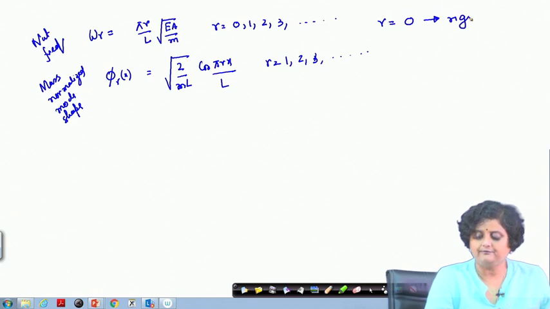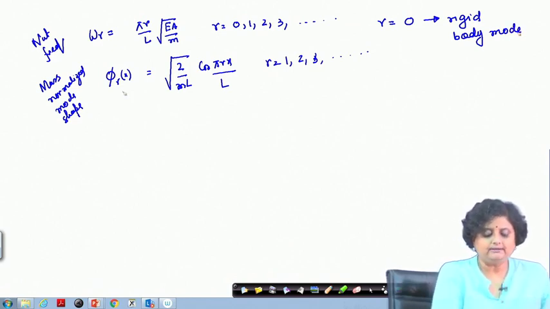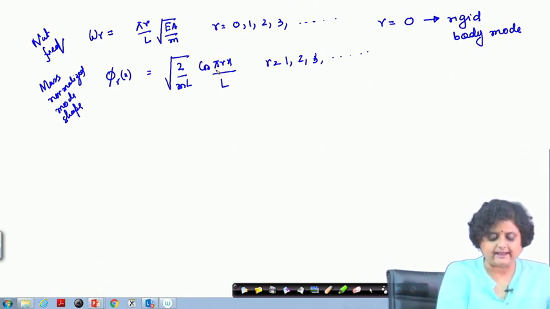Because it is free, it has a lack of constraint, so this will have a rigid body mode and r equals to 0 will denote the rigid body mode. So, in the solution for mode shape, if we put r equals to 0, this is going to become 1, that is we will get a non-trivial solution for the mode shape which is acceptable.